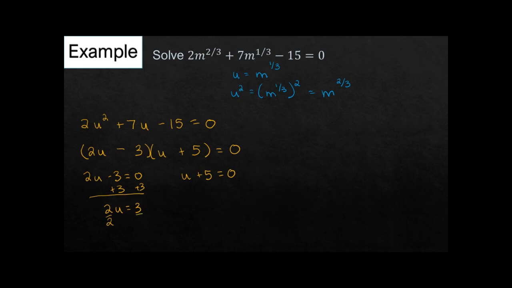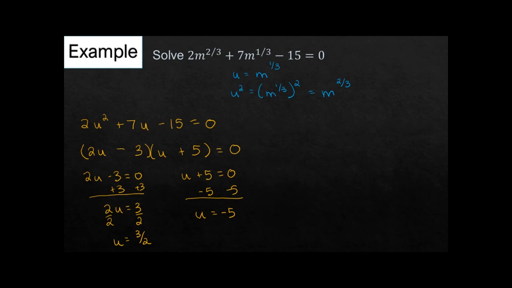Then I divide both sides by 2, and I get u is equal to 3 halves. And then the second equation, you just need to subtract 5, and you get u equals -5. So I've solved for u.